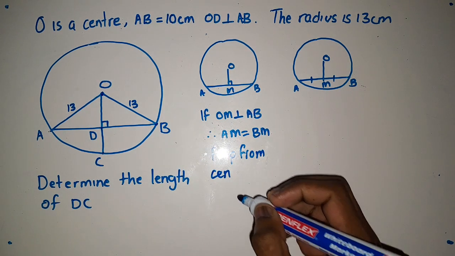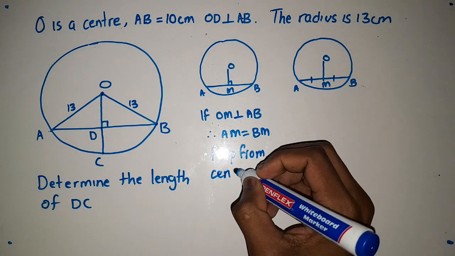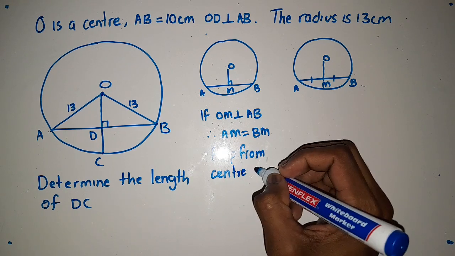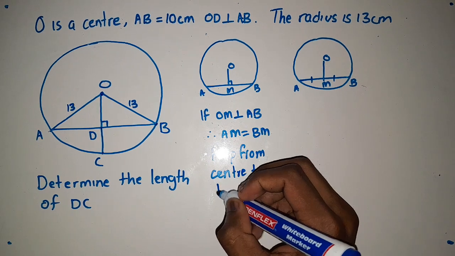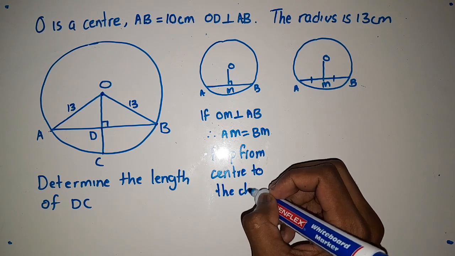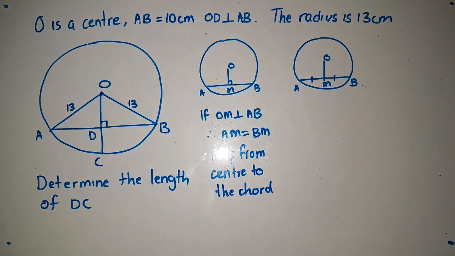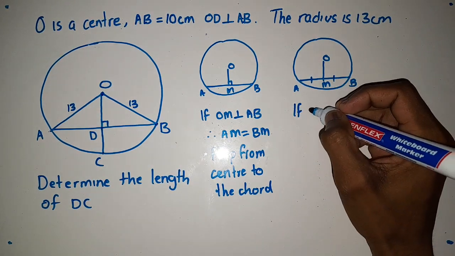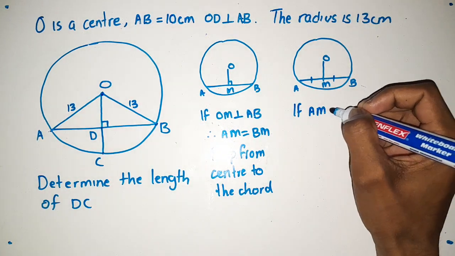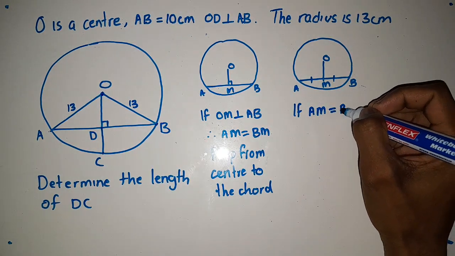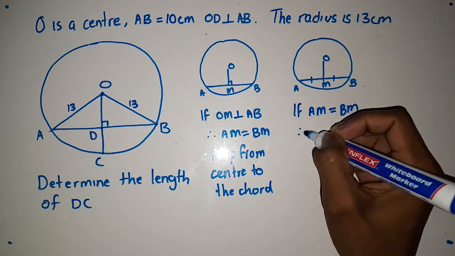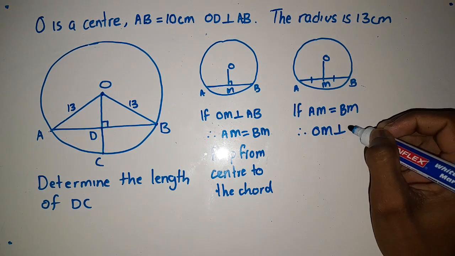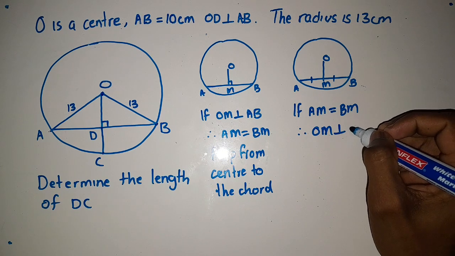Sorry about the light. Perpendicular from center to the chord, like this. Then as for this one, now we have a case where AM is equal to BM. Therefore, OM is going to be perpendicular to AB.